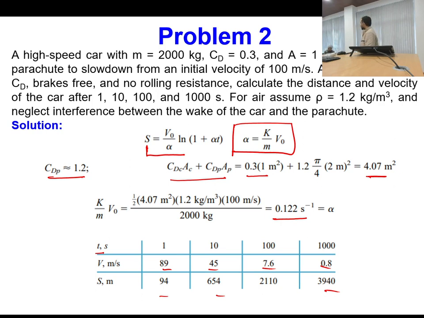So it means a parachute as a standalone cannot completely stop the fast moving car. Are you understanding this point?